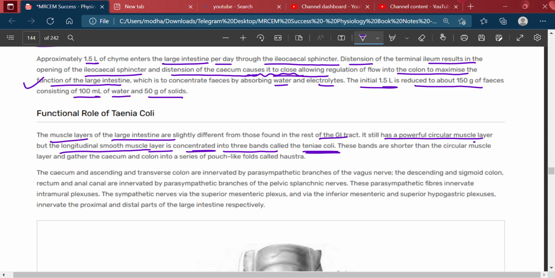The muscle layers of the large intestine are slightly different from those found in the rest of the GI tract.